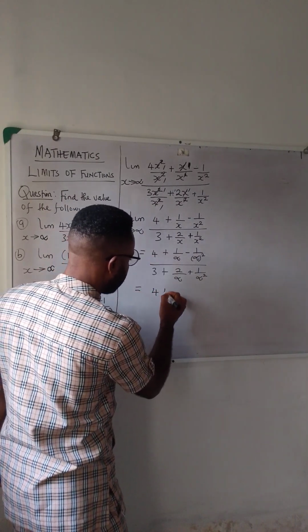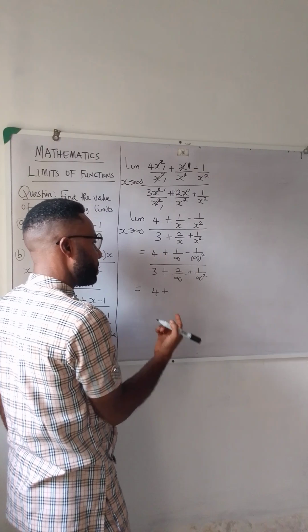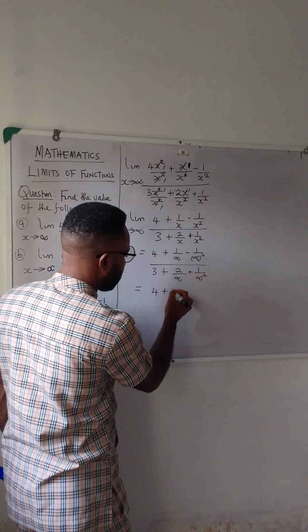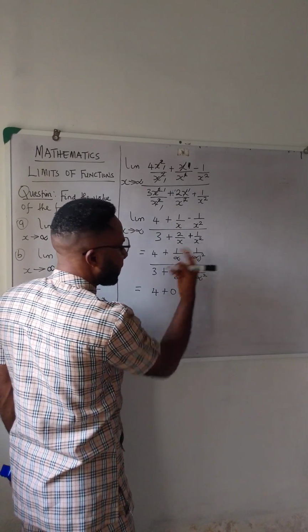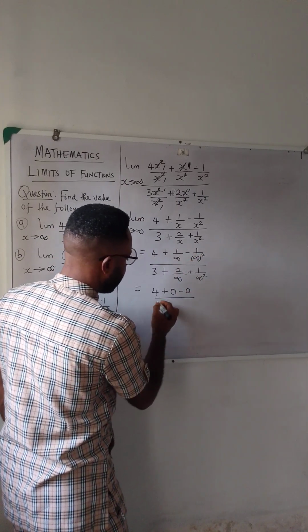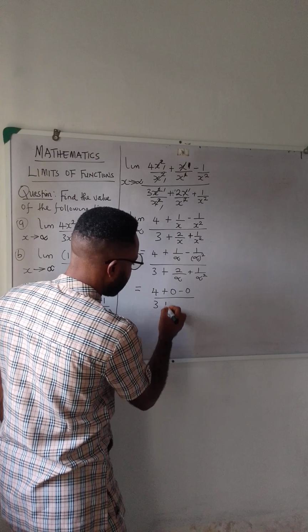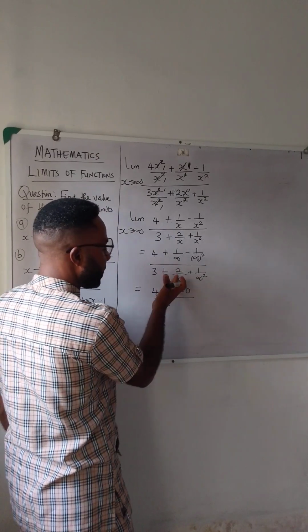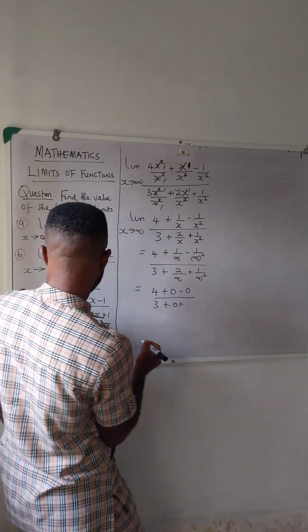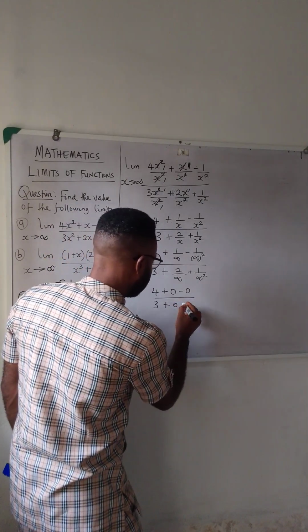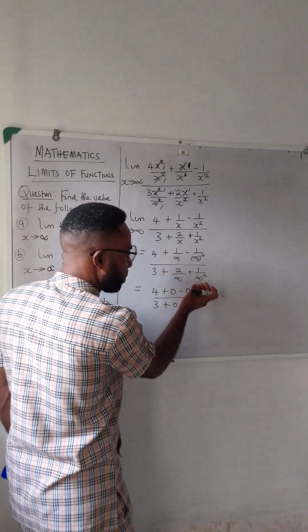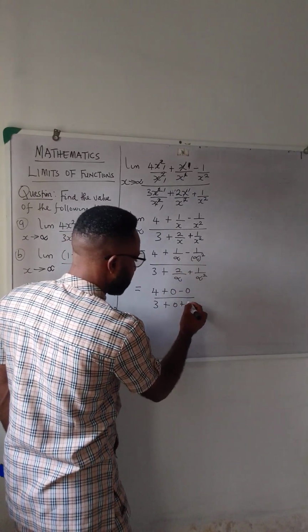4 plus 1 divided by infinity will be 0, because this is heavy bottom. Infinity is heavier than 1, so it will be 0. Then 1 divided by infinity squared will still be 0, heavy bottom. In the denominator, 3 plus 2 divided by infinity, heavy bottom, infinity is heavier than 2, so it will be 0, plus 1 divided by infinity squared, the bottom is heavier than the top, so it will still be 0.